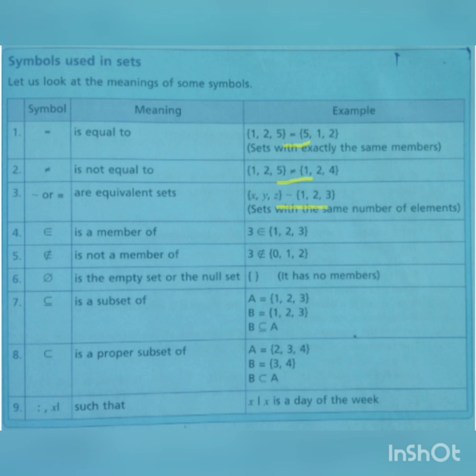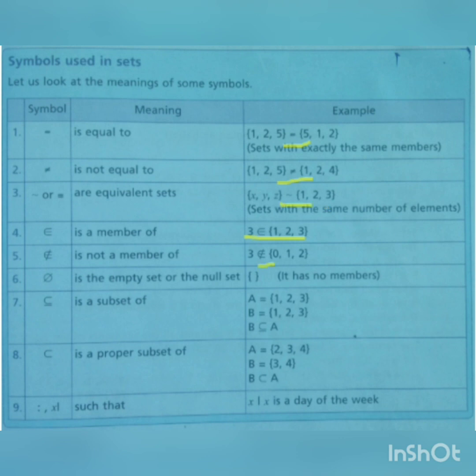As you can see, in this set 3 is a member. We use this symbol to represent a member of. The fifth symbol is not a member of. You can see in the example that 3 is not a member of the set {0, 1, 2}, and we use this symbol to represent not a member of.